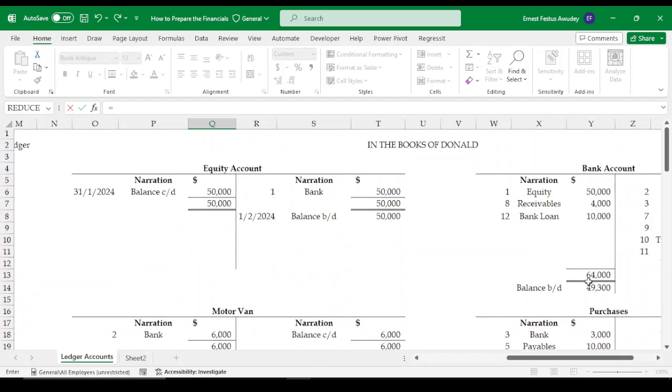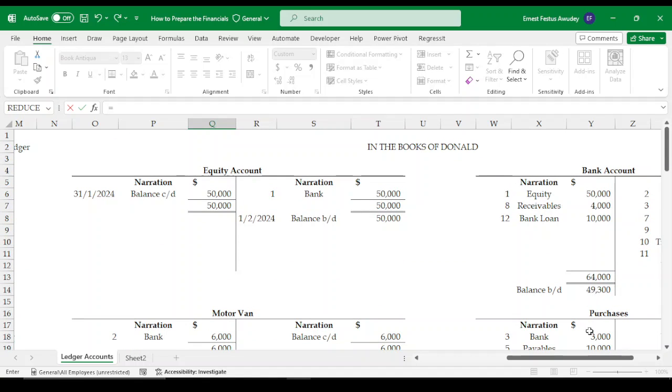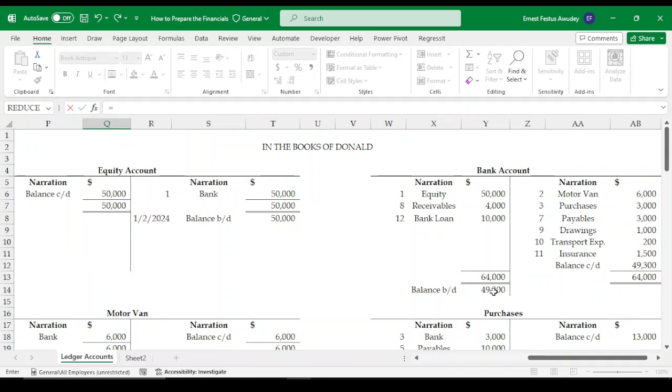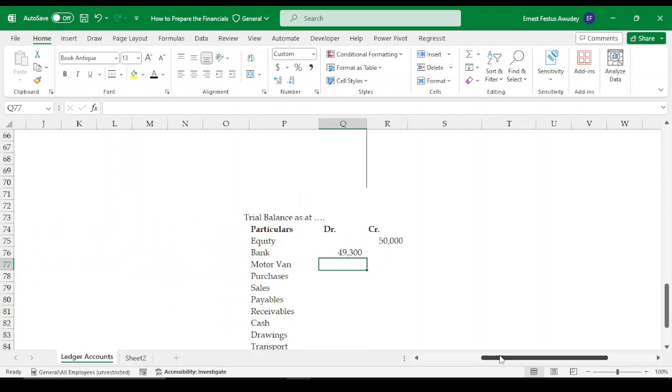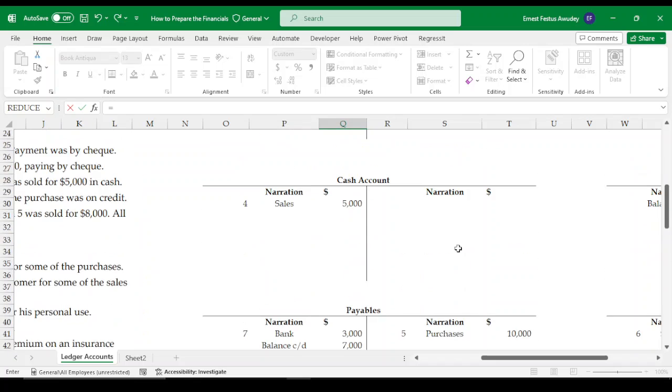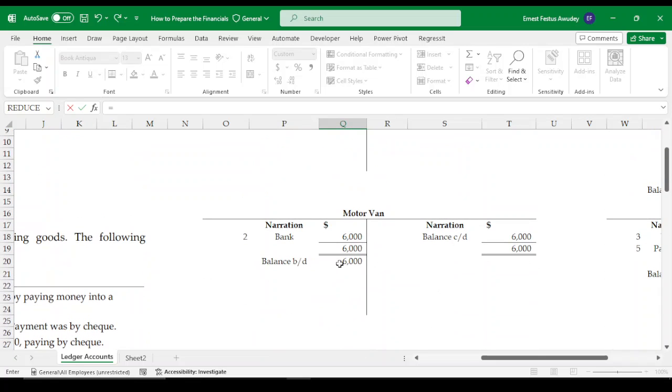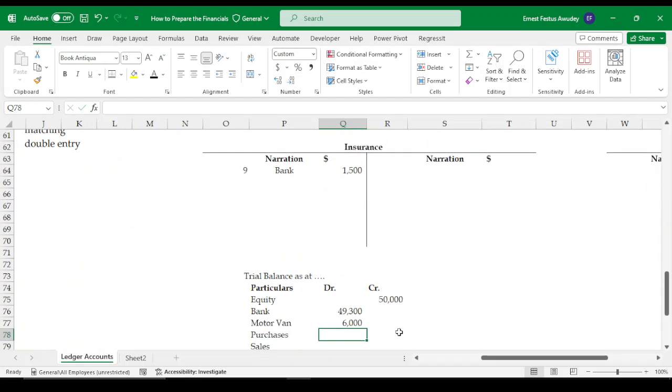Therefore, I'll come to my bank and reference this particular amount here, which is the balance brought down. So we are going to use the balances brought down only in the trial balance. Okay, then we have our motor van is an asset, therefore it should have a debit balance. So let's go to motor van account and pick our balance brought down here. Let's go to our purchases.